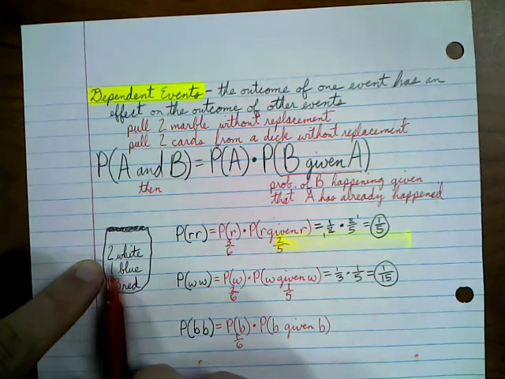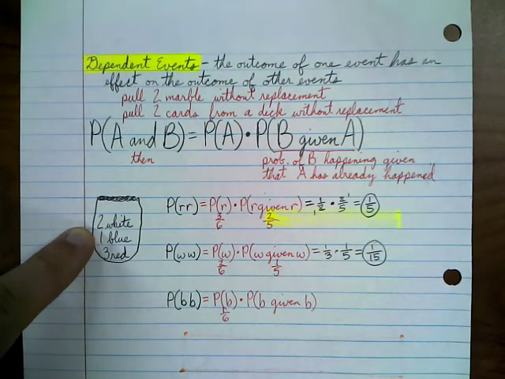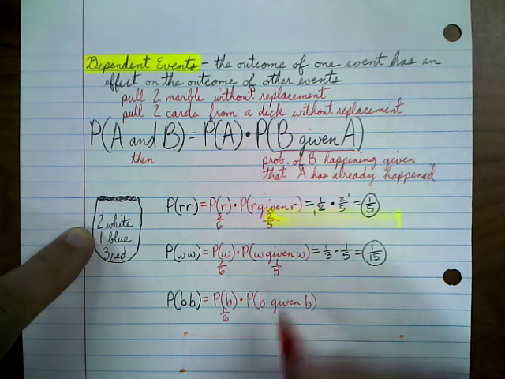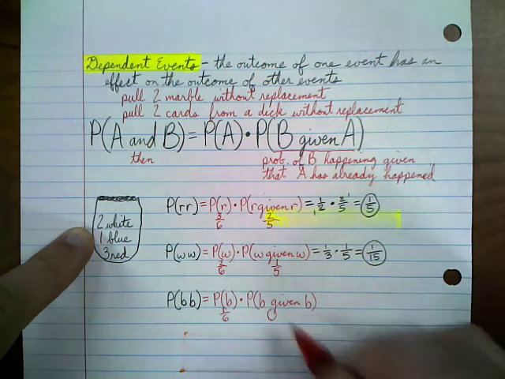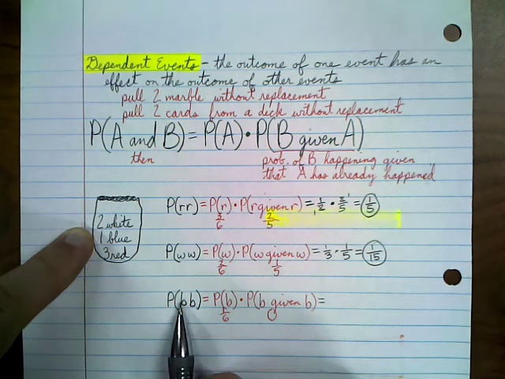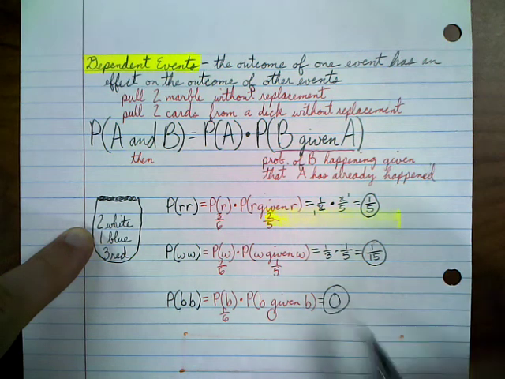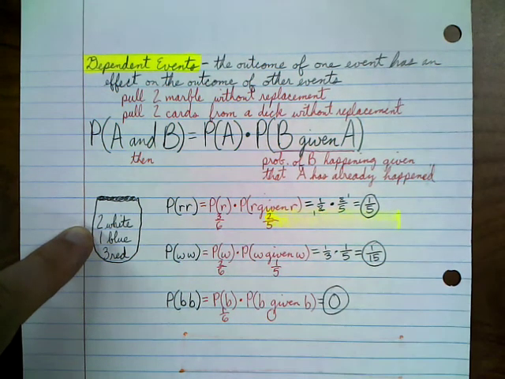Well, if I've already pulled a blue out, then there are no more blue marbles left. So can you pull another? Well, obviously not, which means that this is impossible. And if this is impossible, it has a probability of 0, which means if it is impossible to pull 2 blue marbles, the probability is 0.